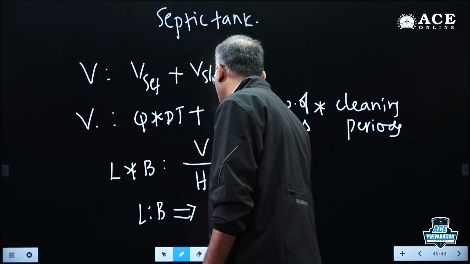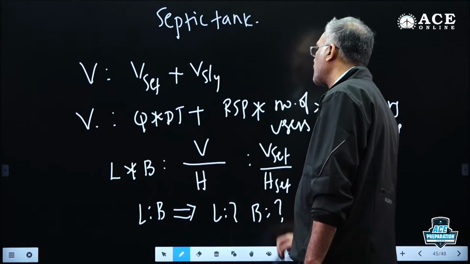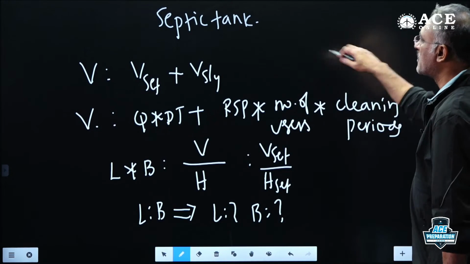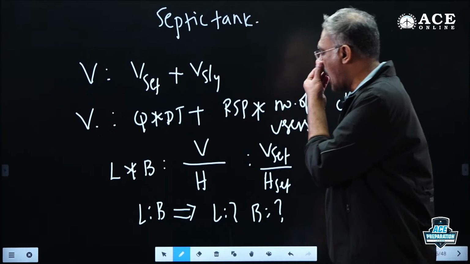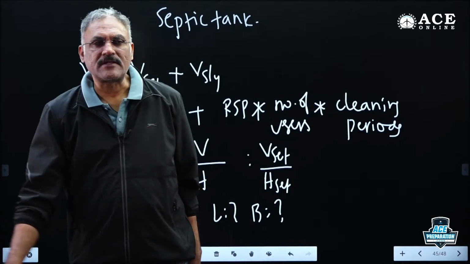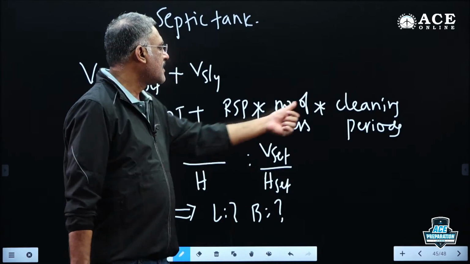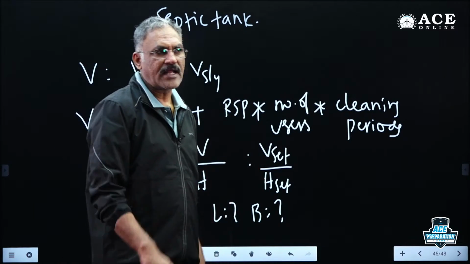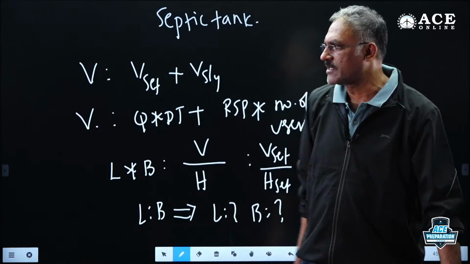From this you can find out the length of the tank and the width of the tank. For given dimensions, you are expected to work out the cleaning period or something like that, or for given design parameters like detention time, cleaning period, and rate of sludge production, you are expected to find out the length and width of the tank. This kind of questions they will ask.